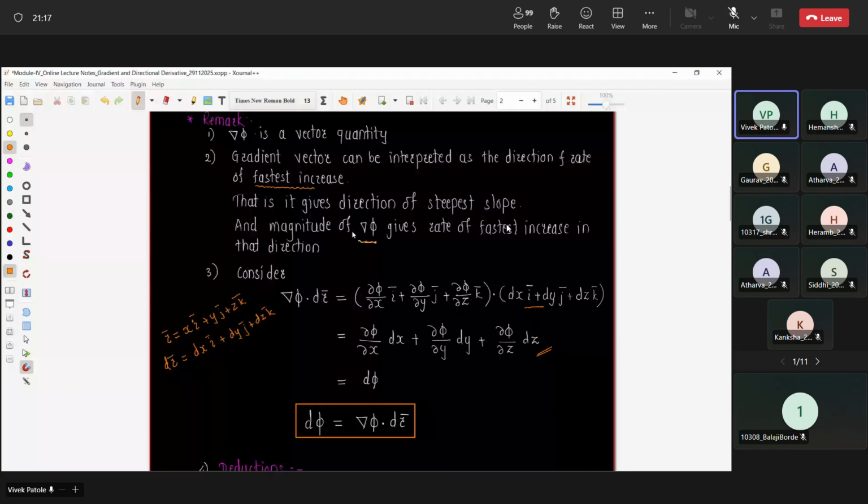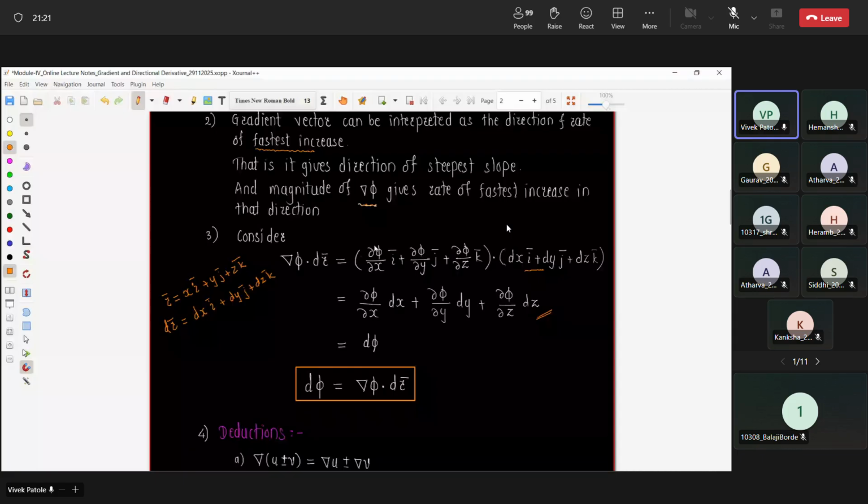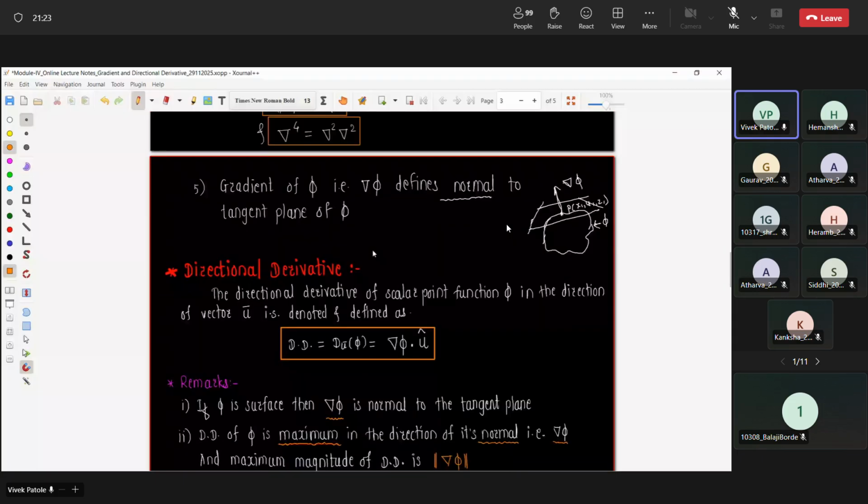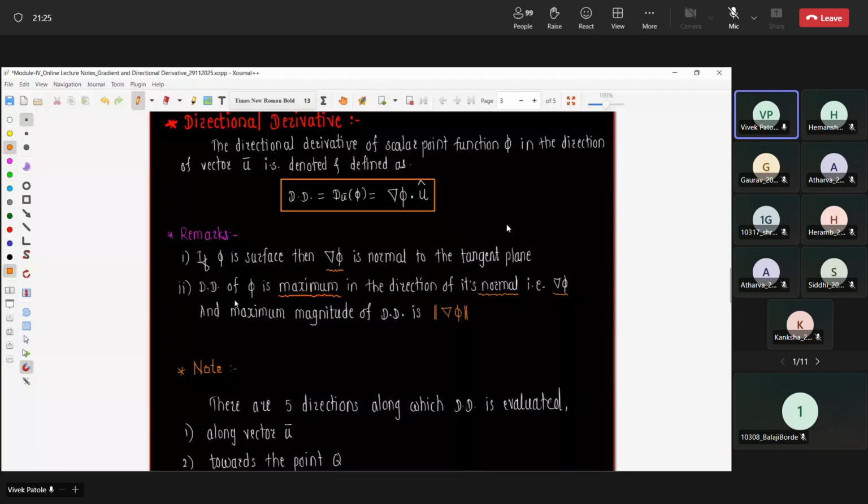That thing I have mentioned again for the directional derivative. So the directional derivative of phi is maximum in the direction of del phi, and the maximum magnitude is the norm of del phi, or mod of del phi, you can say.